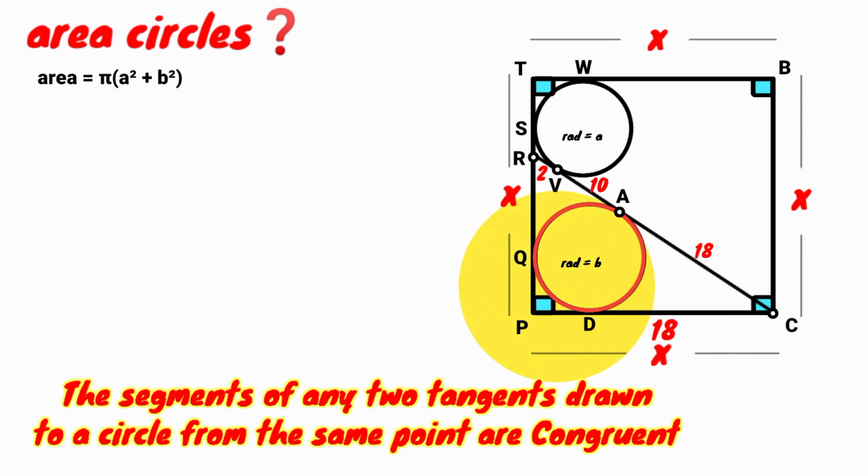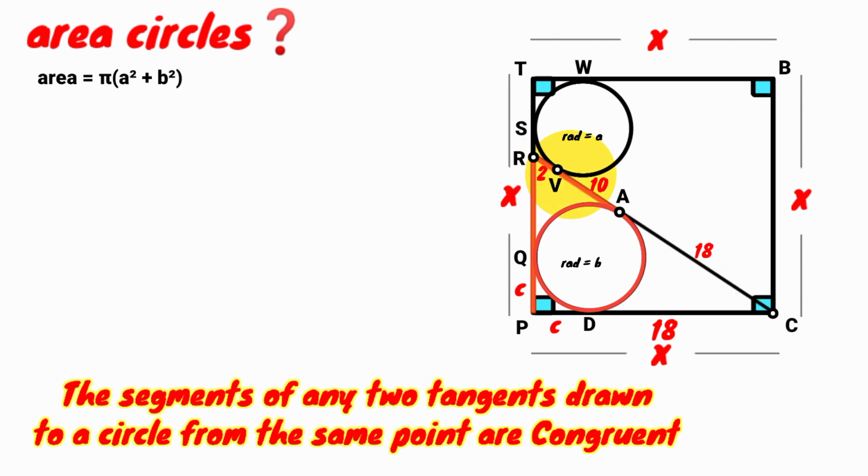Here we see this line PT is also a tangent to this circle at this point, and it meets this tangent at this point. So based on this rule, this segment and this are equal. If we let this be c, this must also be c. This tangent also meets this at this point.